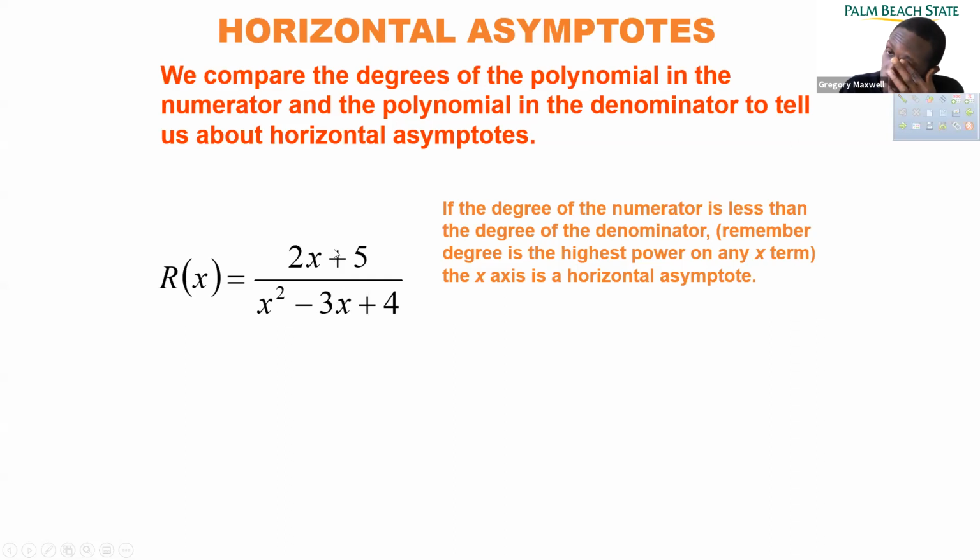If the degree of the numerator is smaller than the degree of the denominator, that means the denominator is getting bigger faster than the numerator is. And so over time, the function will get closer and closer to zero.